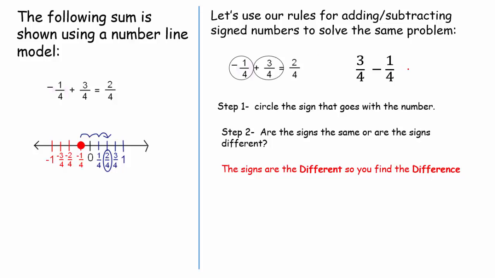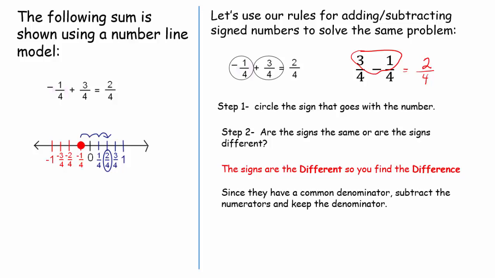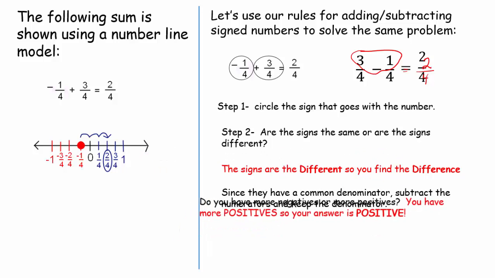Well, as soon as you have a common denominator, you just keep that common denominator and you combine those numerators. 3 minus 1 is 2. Since you have a common denominator, you subtract the numerators, you keep the denominator. Then you ask yourself, what do you have more of?